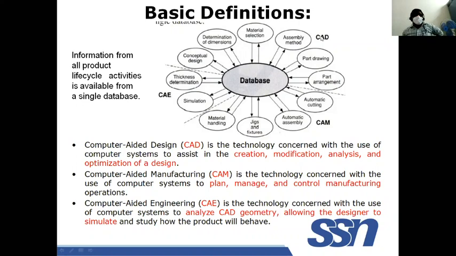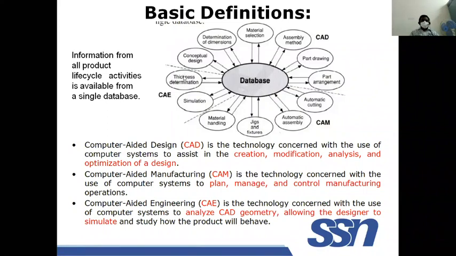Computer-aided design is the technology concerned with the use of computer systems to assist in the creation, modification, analysis, and optimization of the design. CAM, on the other hand, deals with the manufacturing process, which involves planning, managing, and controlling of manufacturing operations.